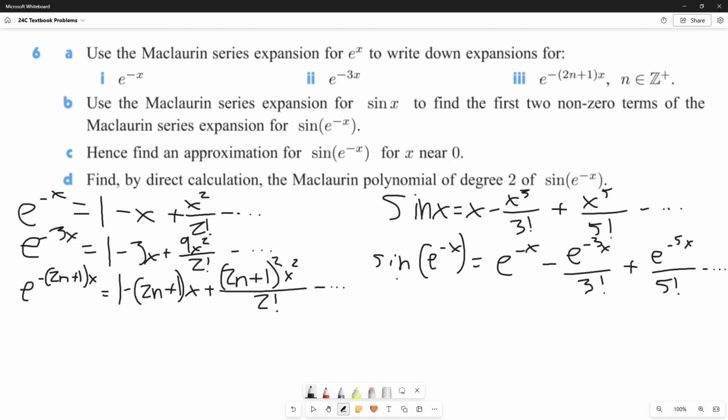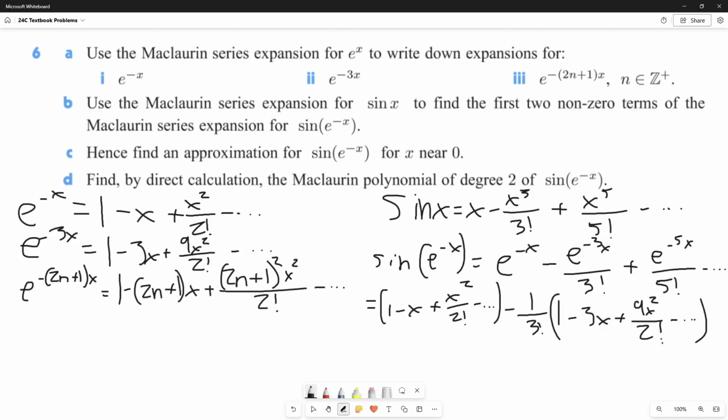So for e to the negative x, it's 1 minus x plus x squared over 2 factorial, and so on, then minus 1 over 3 factorial multiplied by e to the negative 3x, which is 1 minus 3x plus 9x squared over 2 factorial, and so on.